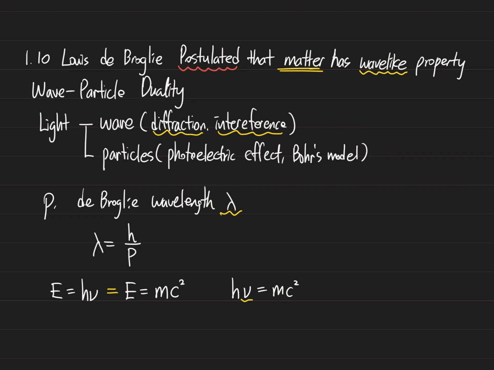And the frequency nu is simply given as the speed of light divided by the wavelength lambda. If we cancel the common factor c on both sides, that will give you an equation like this, and we can consider this as the photon's momentum. So now we have the de Broglie wavelength.